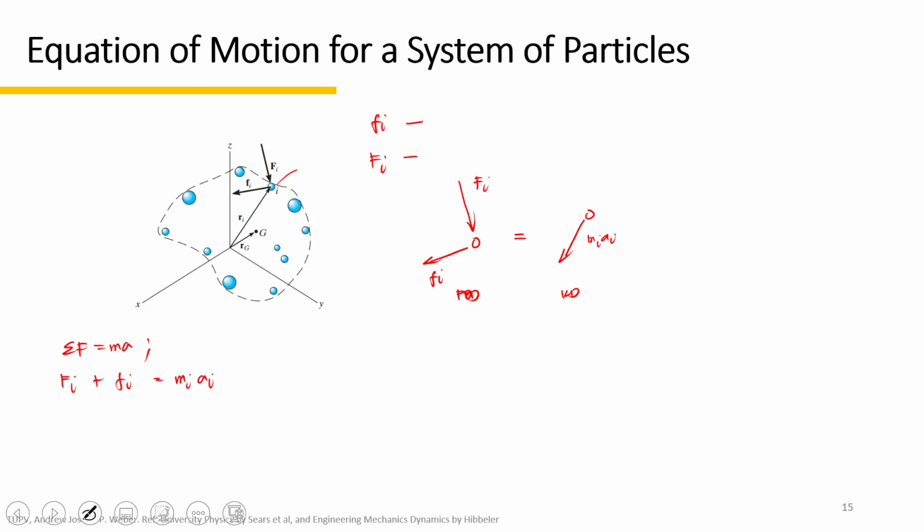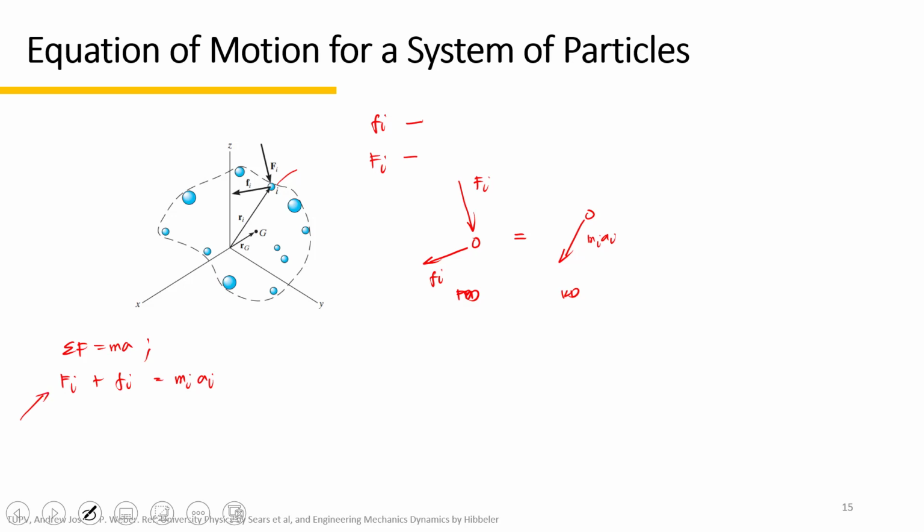So this is the equation of motion for that particle. But when this equation of motion is applied to each of the rest of the particles, similar equations can be obtained.